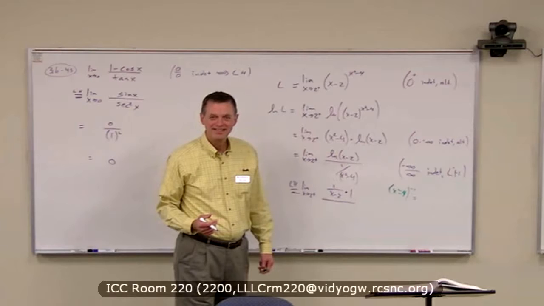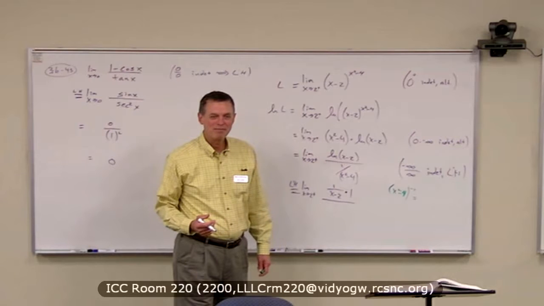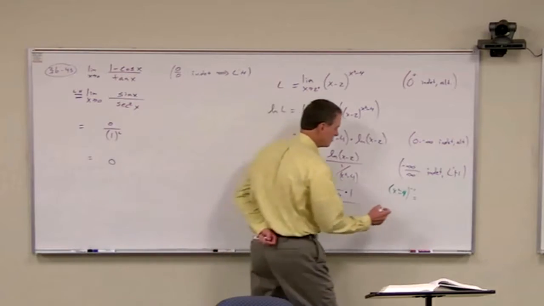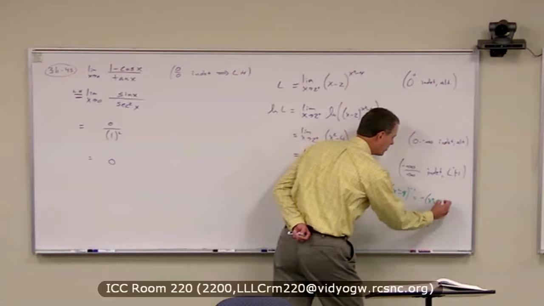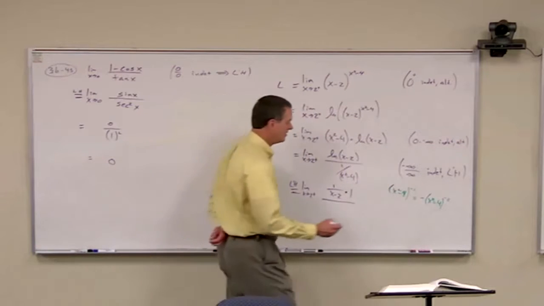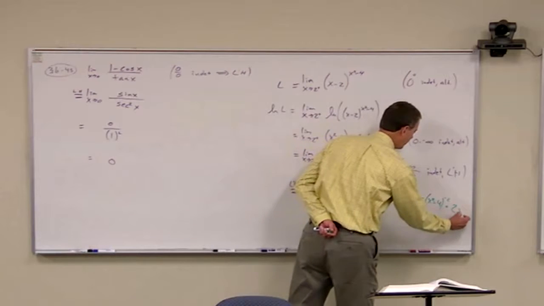What does the chain rule give you on that? Negative of x squared minus 4 to the negative 2, times 2x.